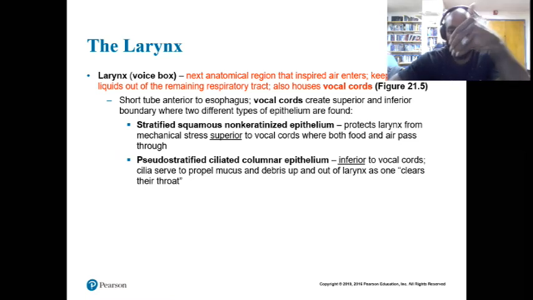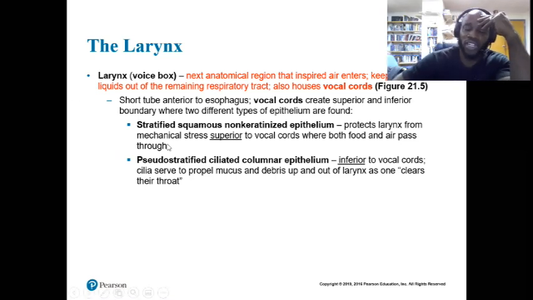But once you cross through the gate that is the larynx, you have pseudostratified ciliated. Notice that again, now we're back to ciliated columnar epithelium inferior to the vocal cords below.